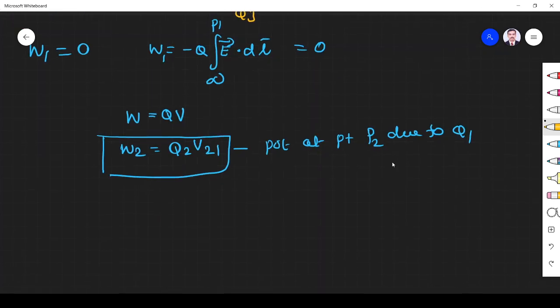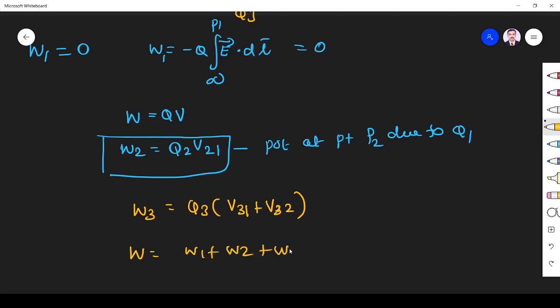So how much work is done to move charge 3 to point 3? That is given by W3. W3 is equal to Q3 times the potential at point 3 due to charge 1 plus the potential at point 3 due to charge 2. So what is the total work done? W is equal to W1 plus W2 plus W3.